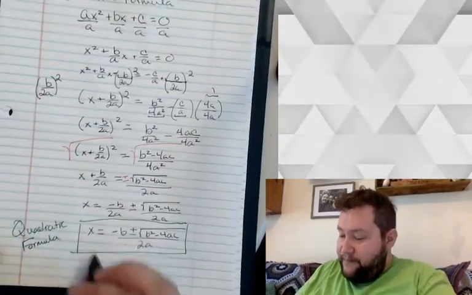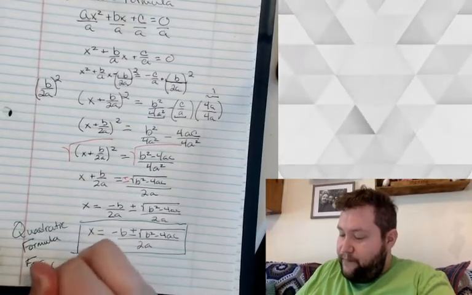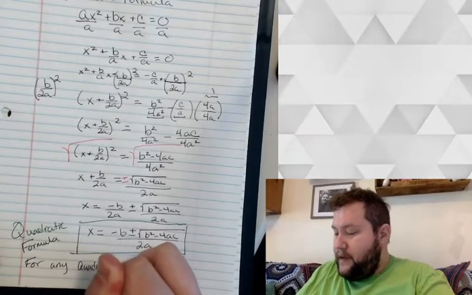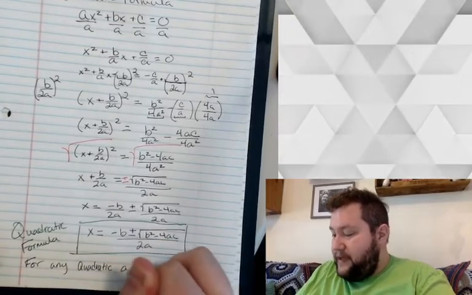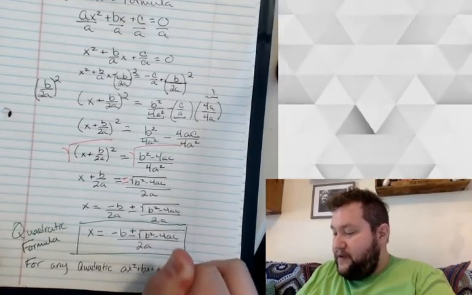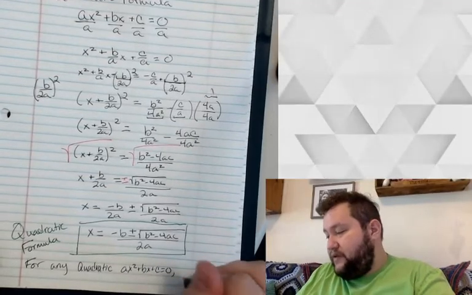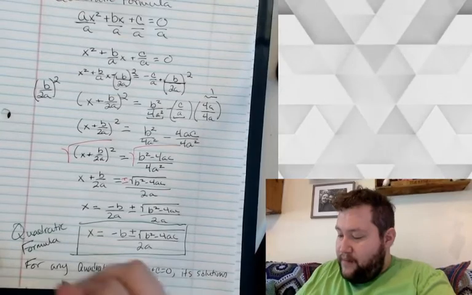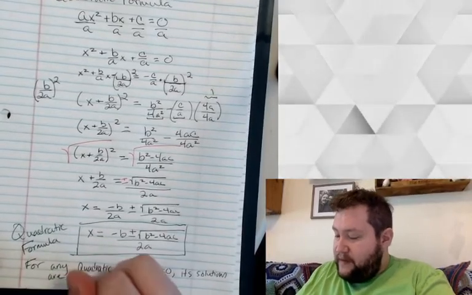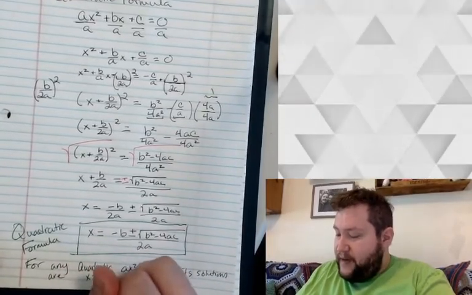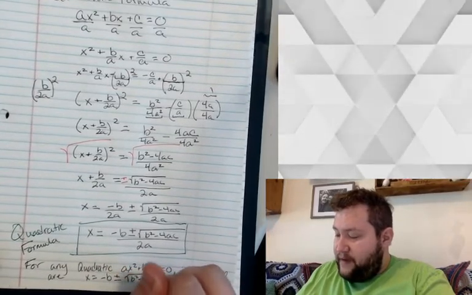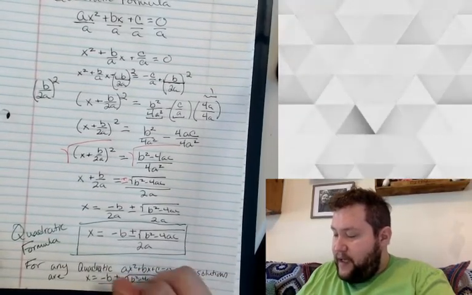For any quadratic, ax squared plus bx plus c equals 0, its solutions are x equals negative b plus or minus the square root of b squared minus 4ac all over 2a.